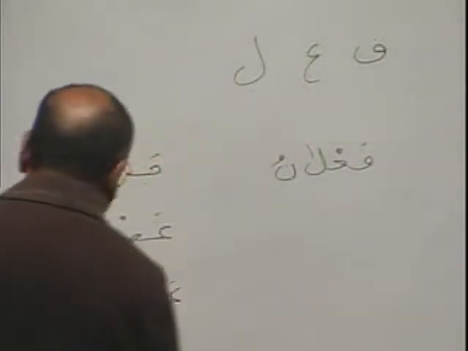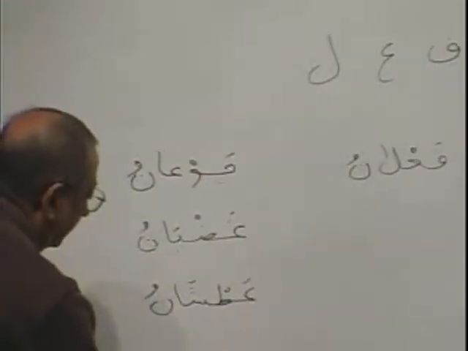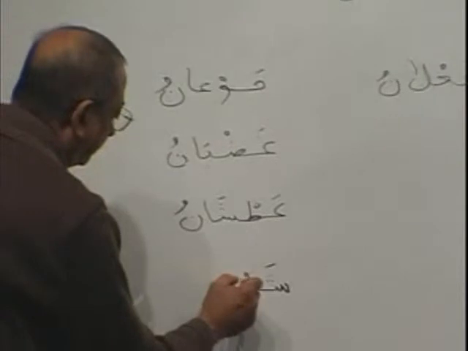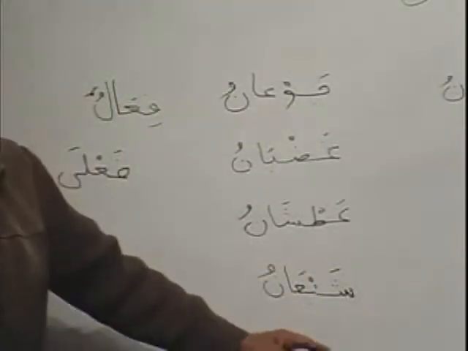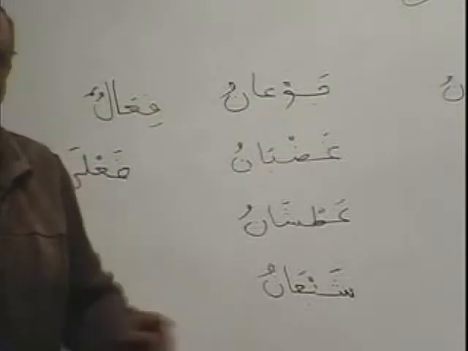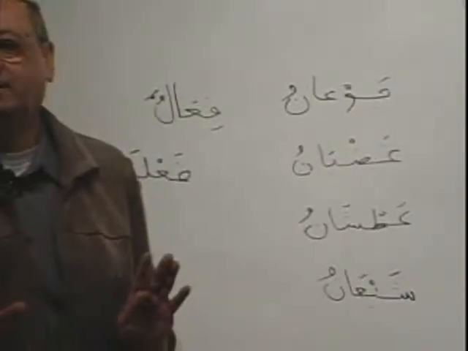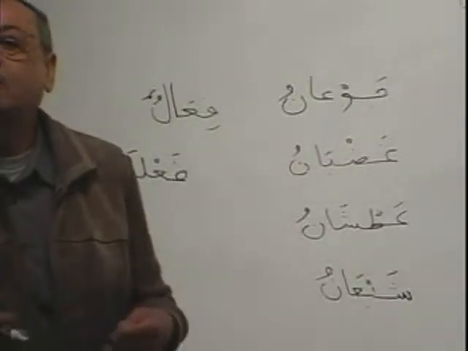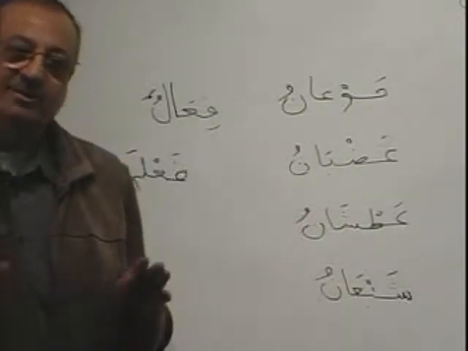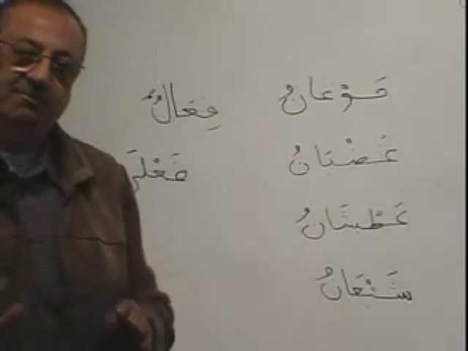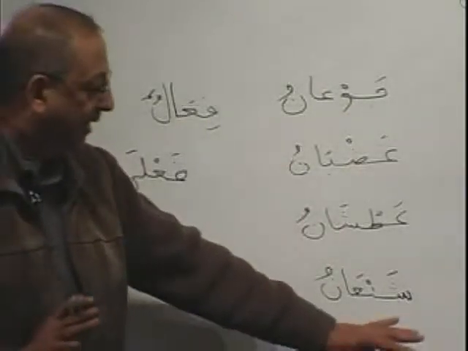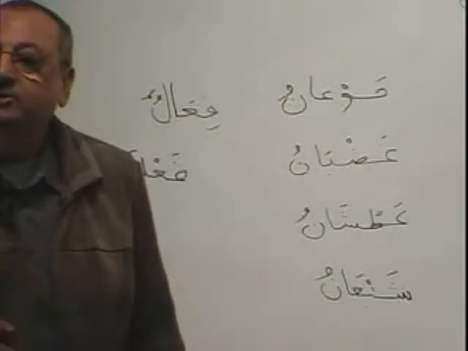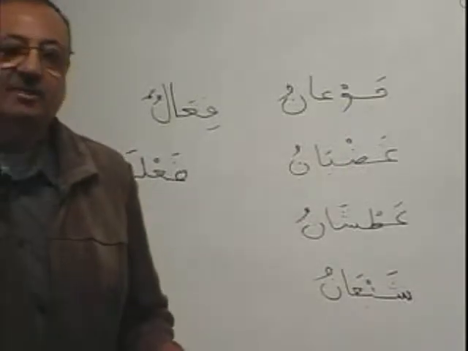And shab'an, remember? I will write down shab'an. Mostly this is related to food. When you are full, satisfied, means you are not overeating. You are just full. You just need enough. I'm full now. So that is called shab'an. Okay. So what is the verb? Shabi'a, to be satisfied.